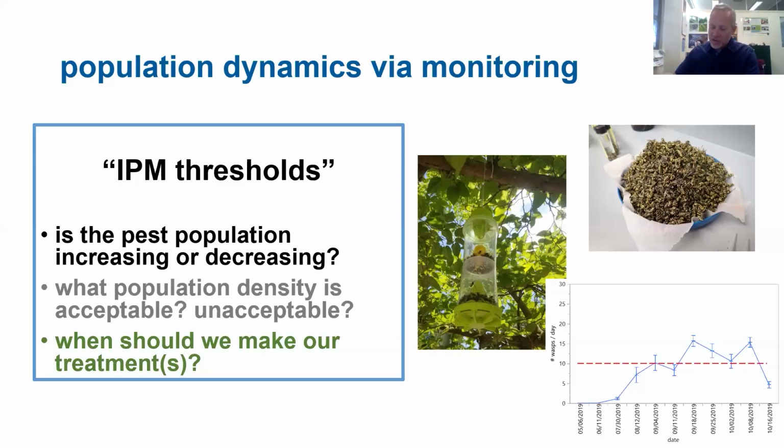So that would be a moment when we shift our program from monitoring to control, and we would be actively seeking out nests in order to make nest treatments or utilizing a bait if it were available.